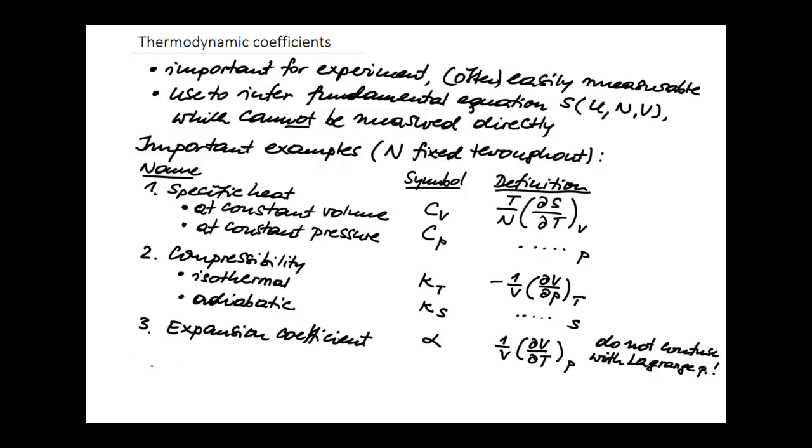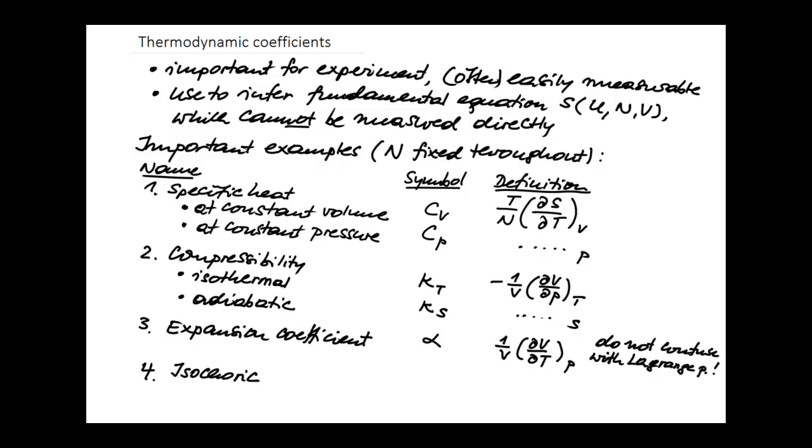And one last coefficient that I would like to show you in this list, it has a pretty long name. It's called the isochoric thermal pressure coefficient. Isochoric means at constant volume.